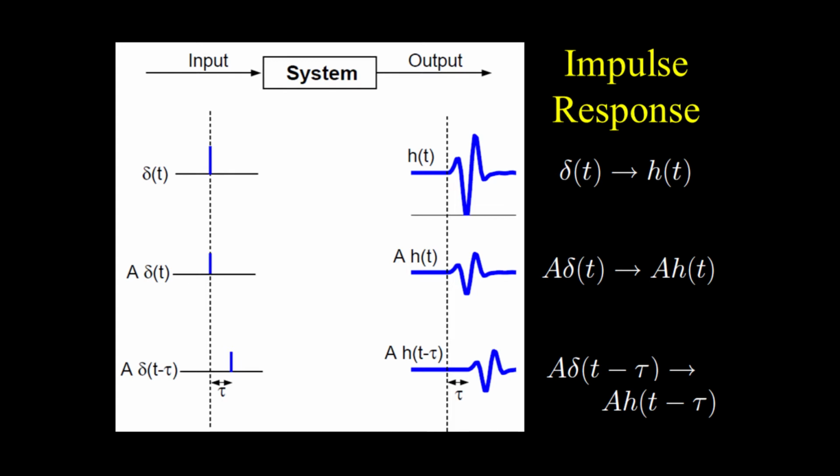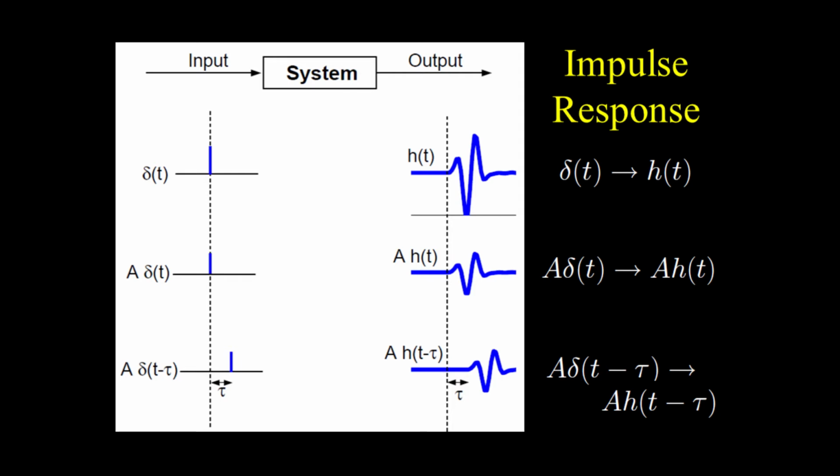If the system is time invariant, the impulse response waveform will be independent of the time at which the impulse is applied. Thus, a delayed impulse will produce a delayed impulse response. If the system is linear and time invariant, the sum of the weighted and delayed impulses will produce the sum of the weighted and delayed impulse responses.